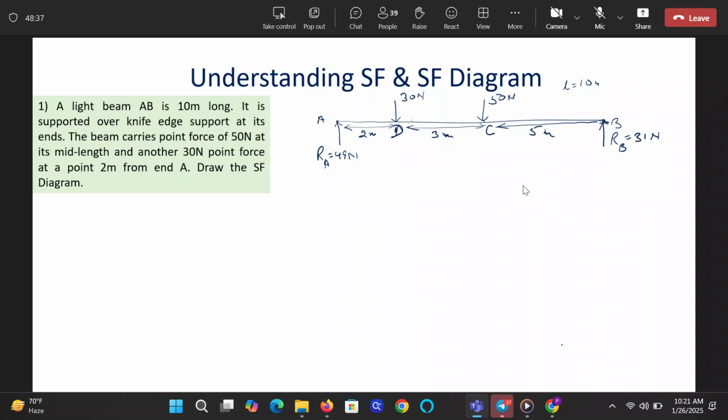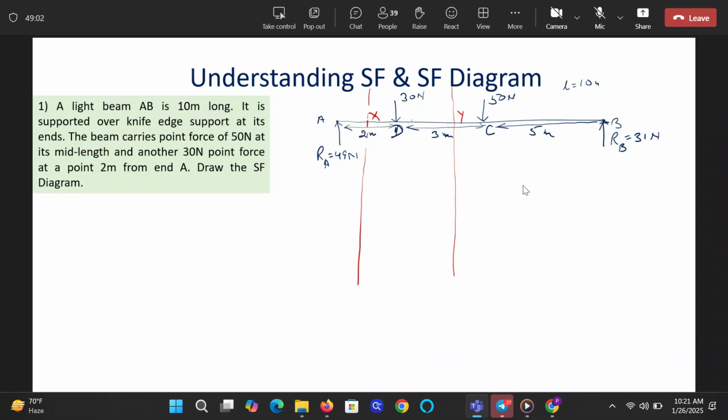First point, where would you like to take? Between AD, sir. Okay, let's say here is X. It does not have to be the midpoint, it can be any point for SF, doesn't matter. Tell me where would you like to take one more point, Y? Between DC. Okay, let's say here is point Y, doesn't matter.